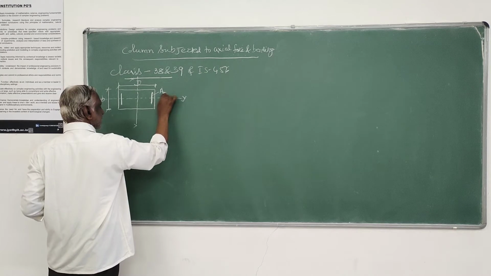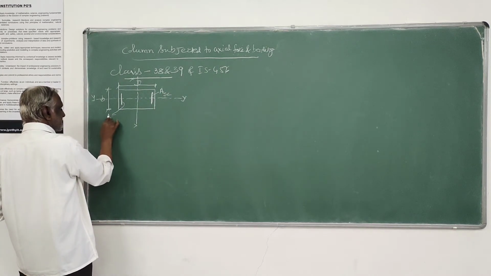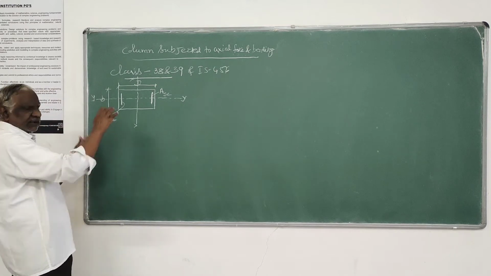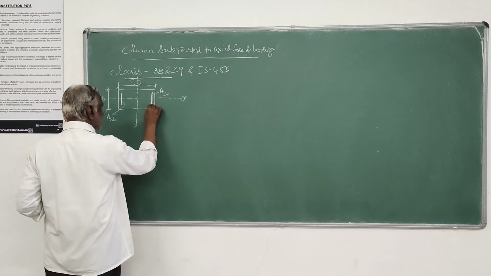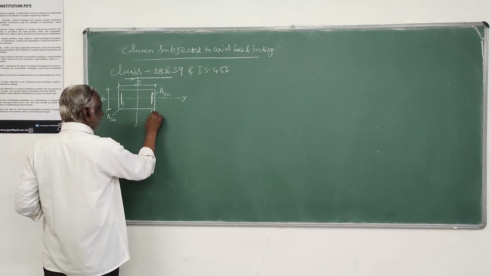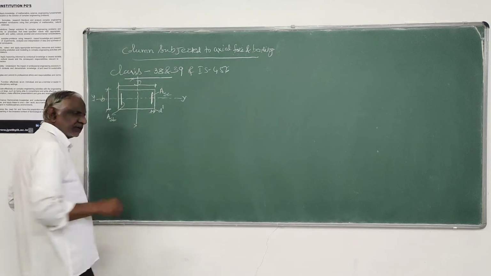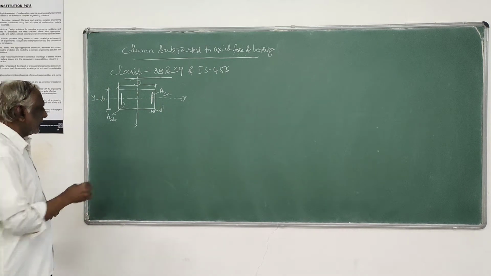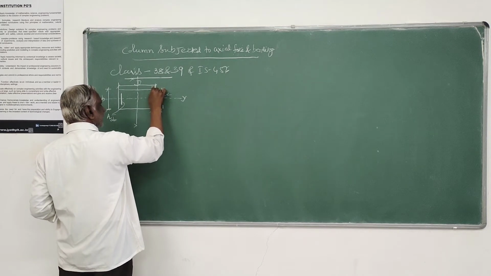Steel is provided uniformly, that is of the same area. This we call ASC, steel in compression. This is steel in tension when it is subjected to bending. And this steel is provided at what is known as effective cover, which we denote by the symbol d dash, all round in both directions.